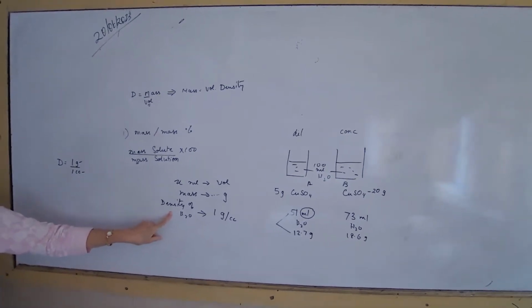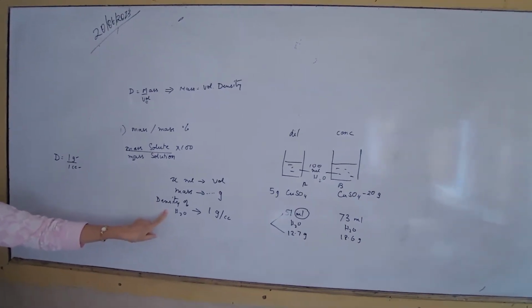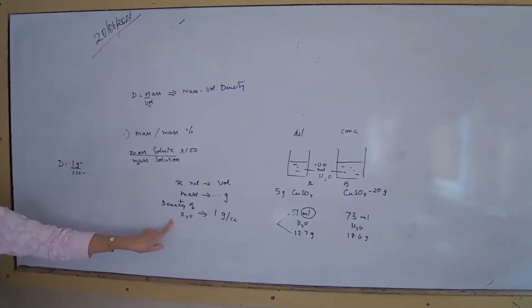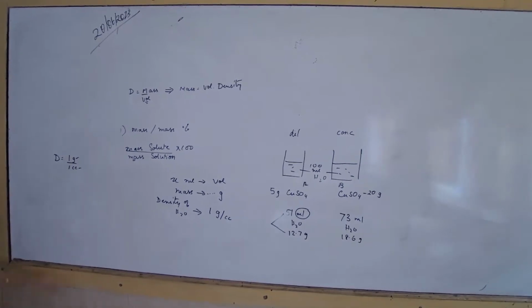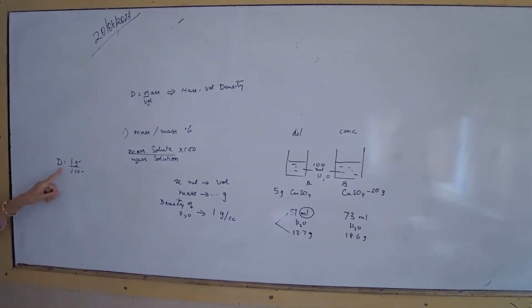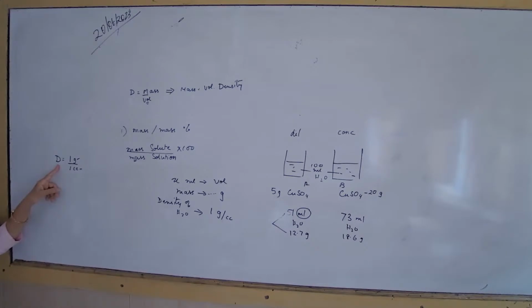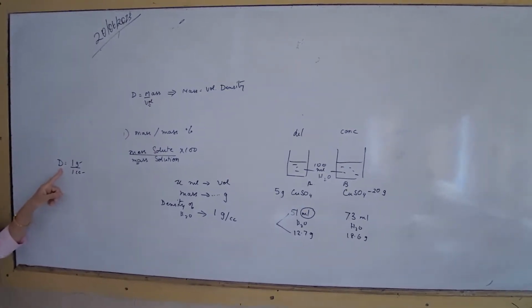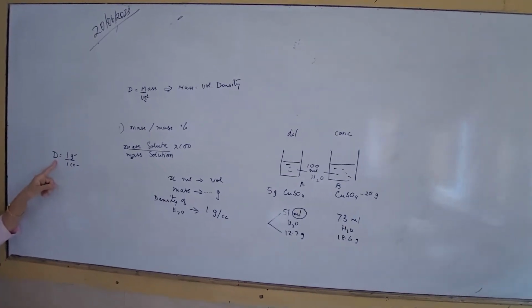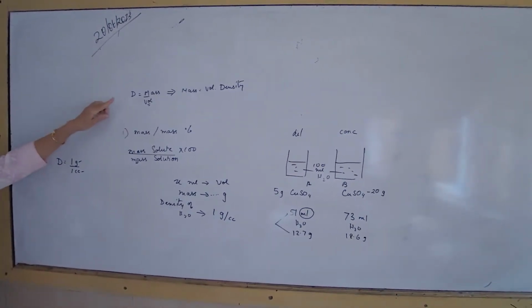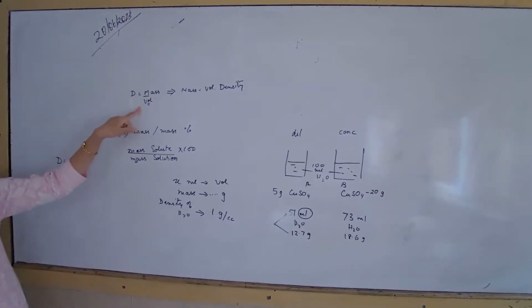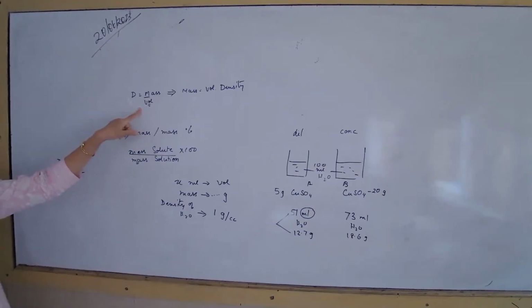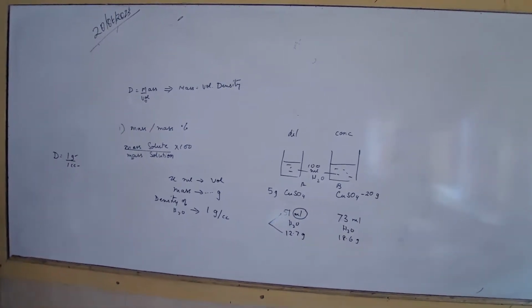Write down this also. Density of water is equal to 1 gram per cc. What does it mean? It means this. Density is equal to 1 gram upon 1 cc. You can write D, D is for density, capital D. Here also you can write D is equal to M upon V. But initially you write the complete word because you do not know what it is. Is that okay now?